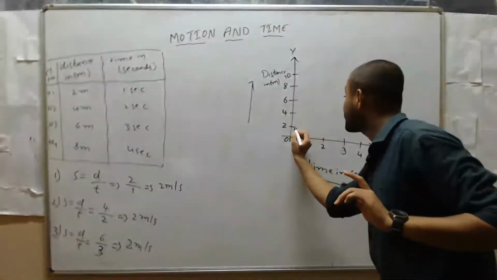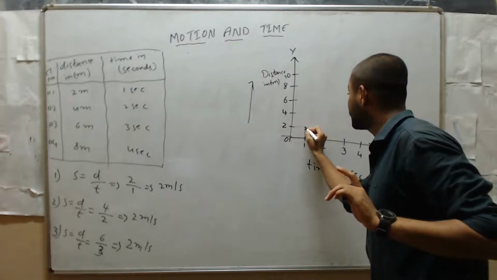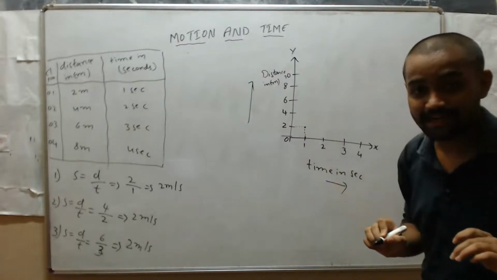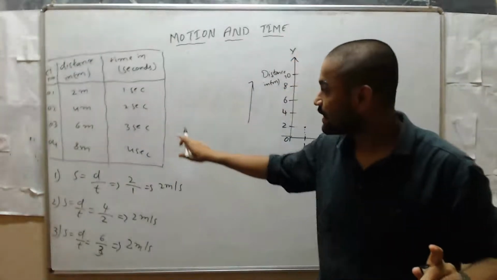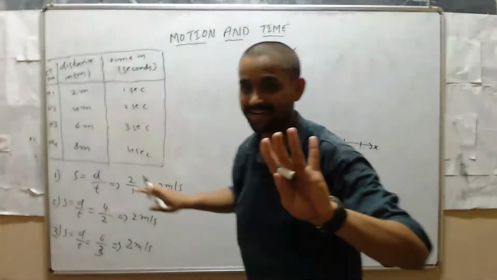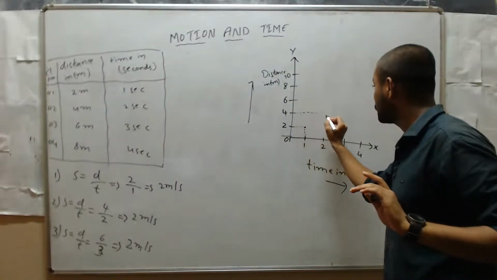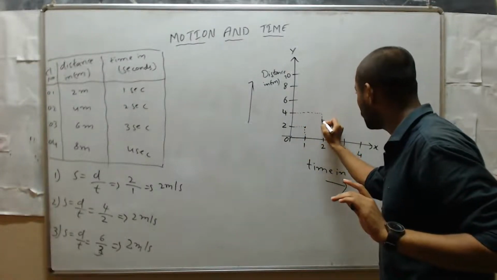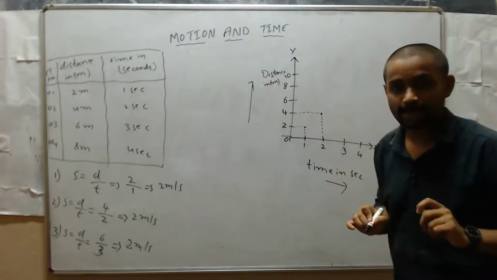See here, 2 meters is here and 1 second is here. I will put a dot here. Then 2 seconds, 4 meters. See, 4 meters is here and 2 seconds is here, and again I will put a dot here.